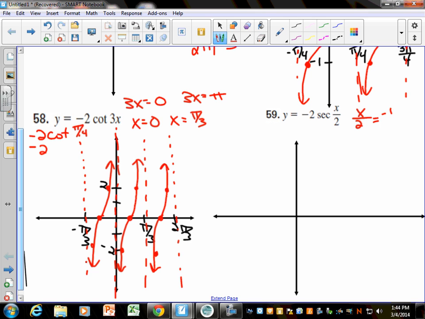So x over 2 equals negative pi halves, and x over 2 equals pi halves. Do the algebra right. It's so frustrating when you miss a problem because you divide by 2 instead of multiply by 2. So you get x equals negative pi and x equals pi, because the 2's cancel out.